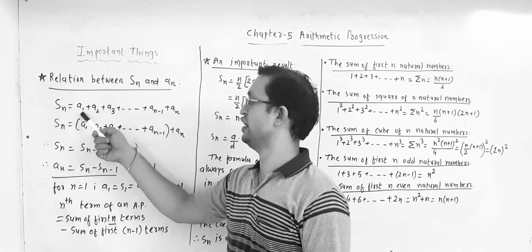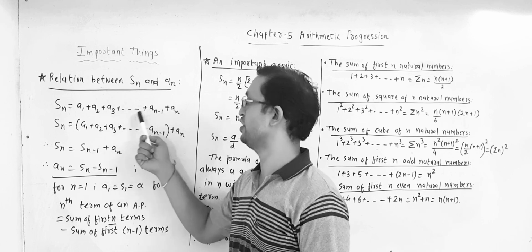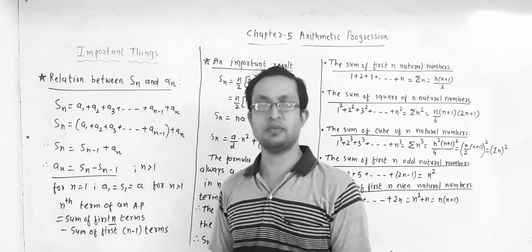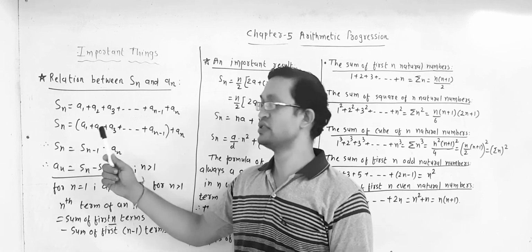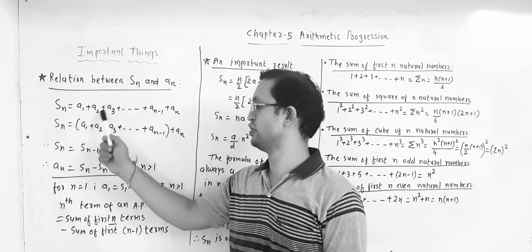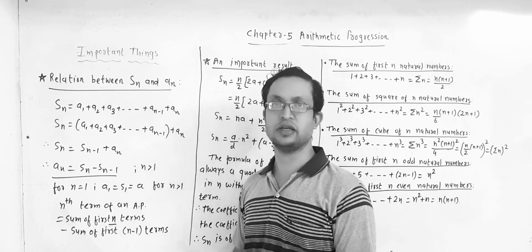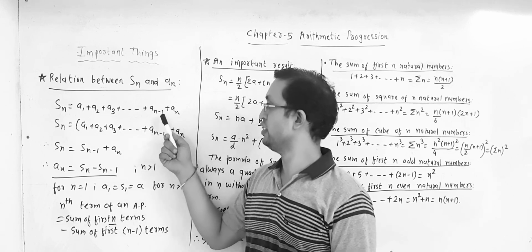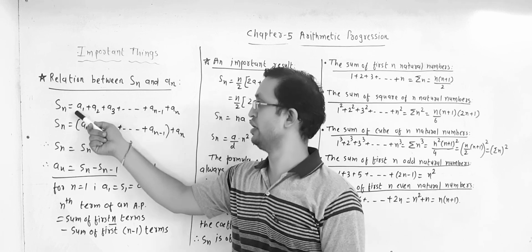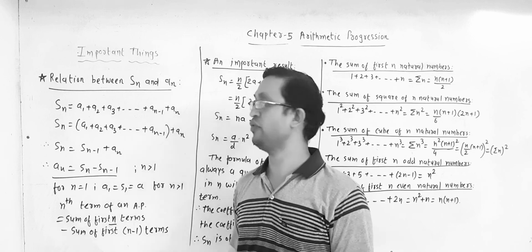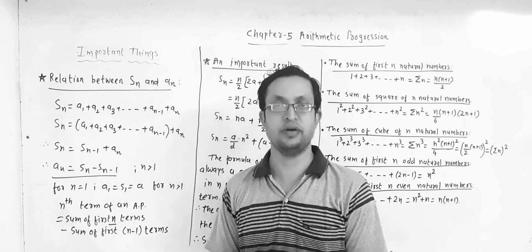Sn means the series A1 plus A2 plus A3 up to An minus 1 plus An. Write the terms A1 up to An minus 1 in bracket form, and An is a separate term.